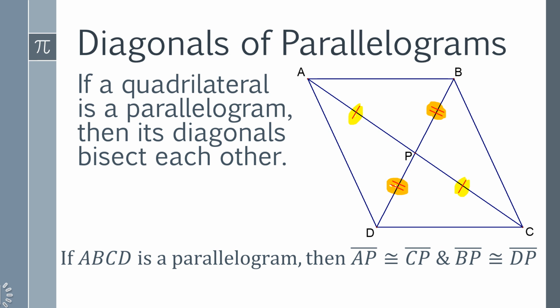The other idea we can get from this is that point P, this point here, is the midpoint of segment BD and segment AC. Okay, so that's another idea you can get out of that. All right, so the diagonals bisect each other.